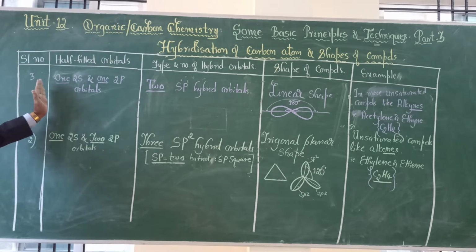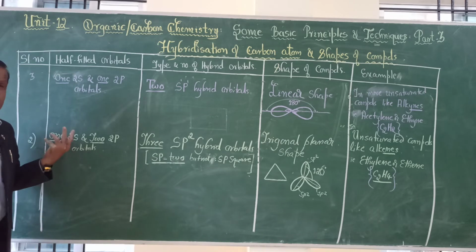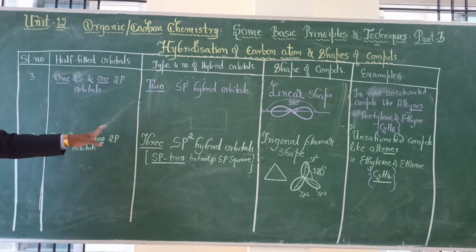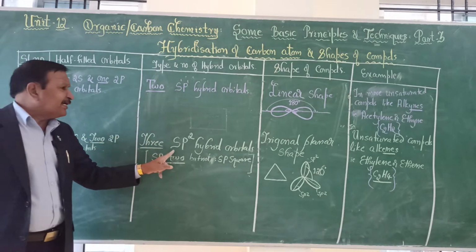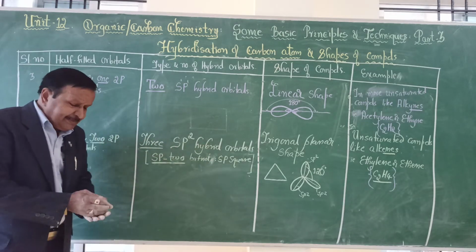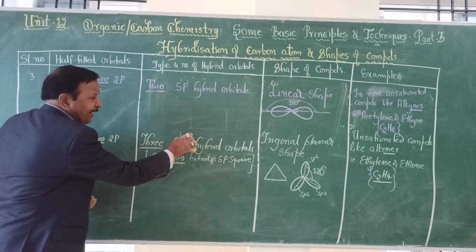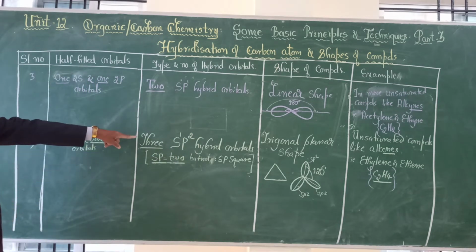Second, 1 2s is compulsory for all, because we have only 2 types of orbitals, s and p. So we can only have a choice of p. We can cut down p, we can't cut down s. So 1 2s and 2 2p, we get 3 sp2 hybrid orbitals.